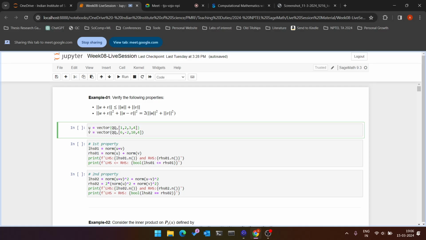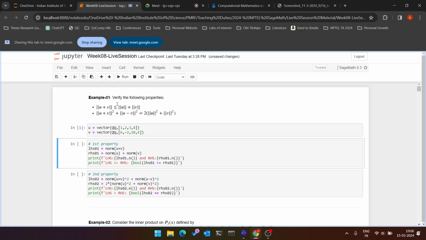To do so, we'll first start by writing down a vector u, which is in the rational field QQ and which has 4 dimensions. We'll similarly write down a vector v with the same number of dimensions.